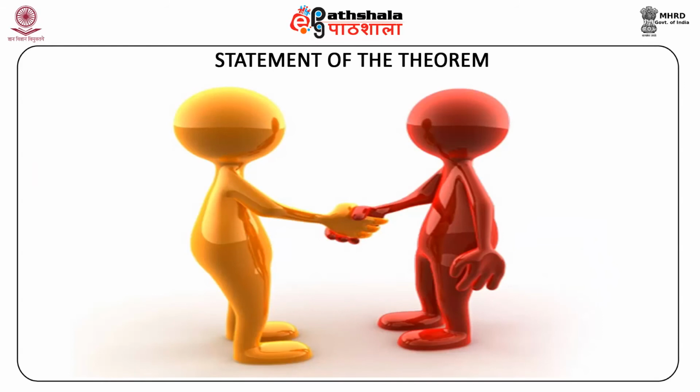Next we talk about the statement of the theorem. The first general formulation of the law of large numbers was given by Jacques Bernoulli and was published posthumously in 1730. Bernoulli proved the law of large numbers, which is now one of the fundamental theorems in probability, statistics, and actuarial science.